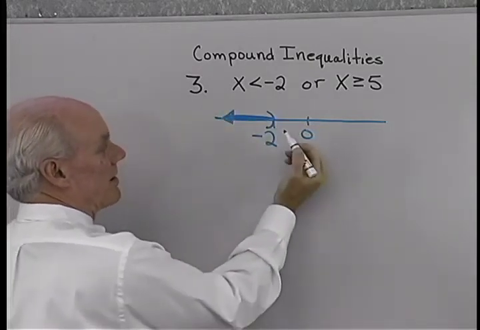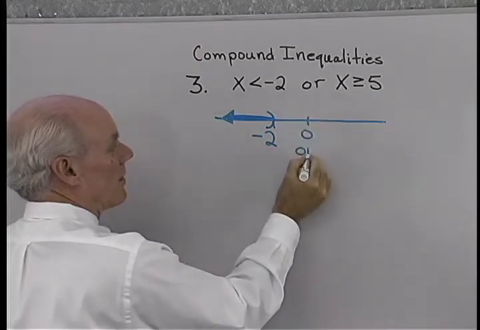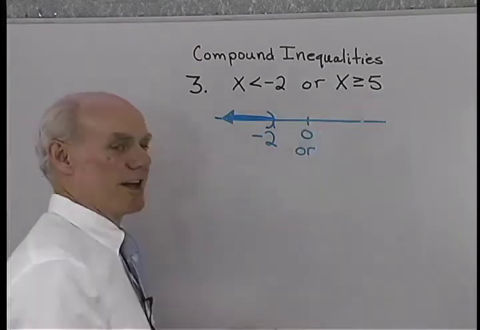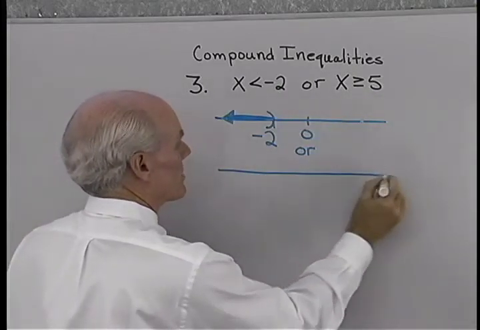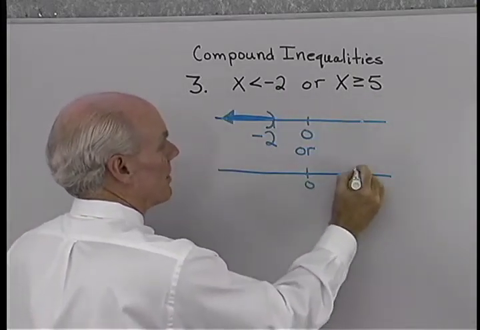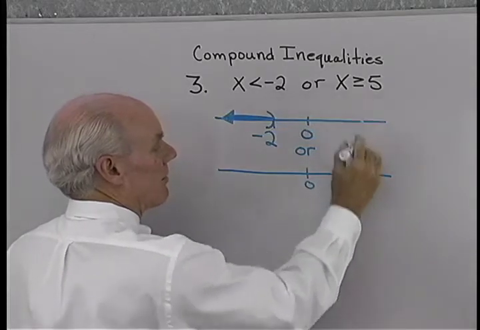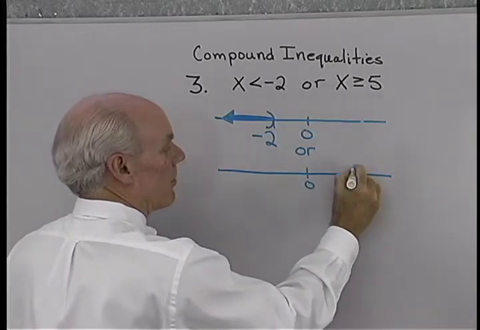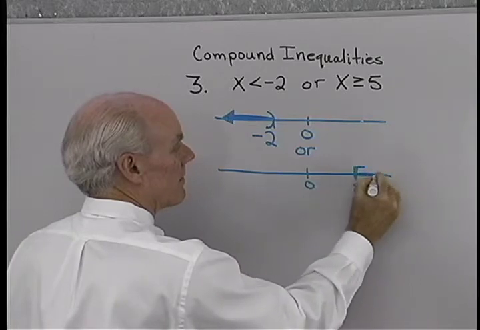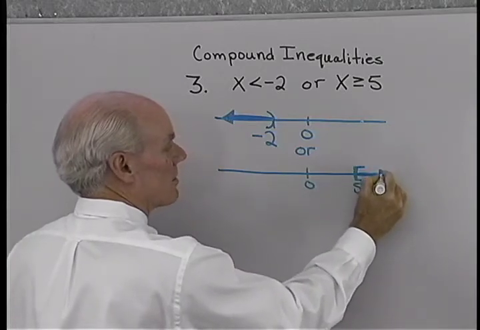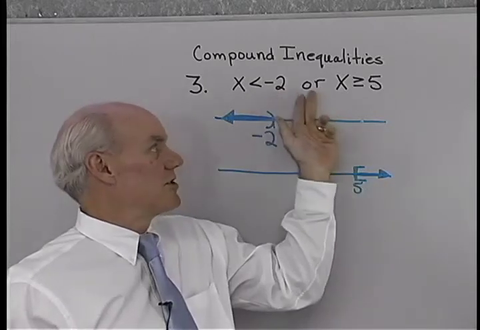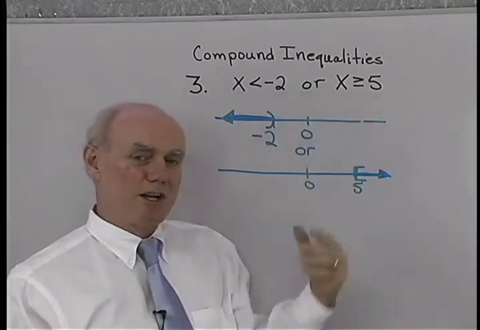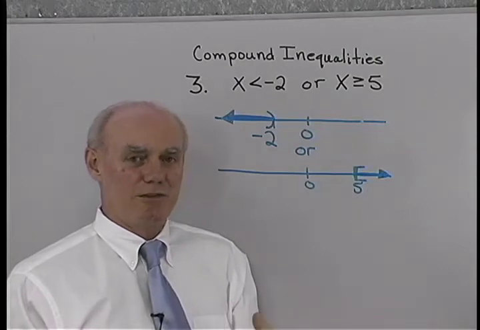Okay, I want to connect this graph with the word or to the graph of x is greater than or equal to 5. So I'll graph this one on another number line, just so we can take a look at them separately. Here's 0. Here's 5. Greater than or equal to 5. Use my bracket here, and that graph goes to the right. So where are all the numbers on the number line that do this or do this? Well, when I say the word or, I'm talking about the union of these two graphs.